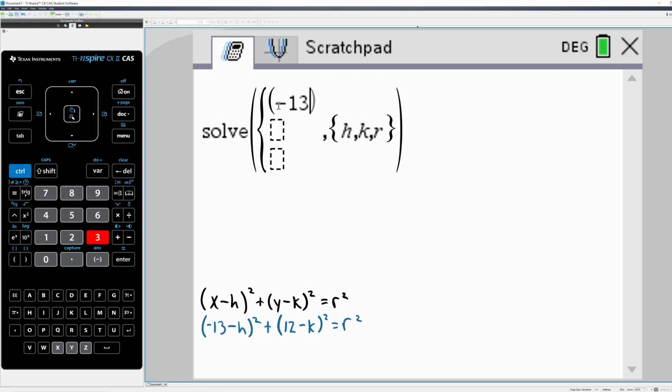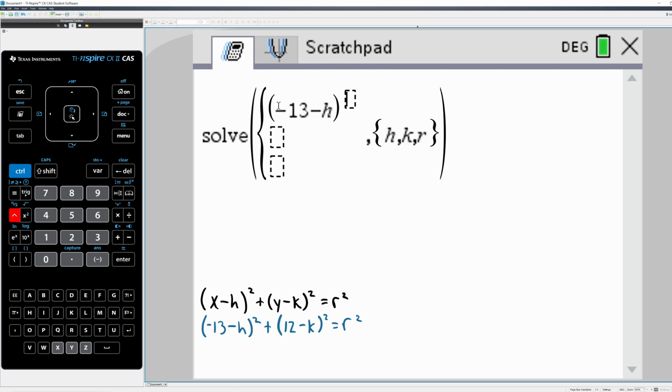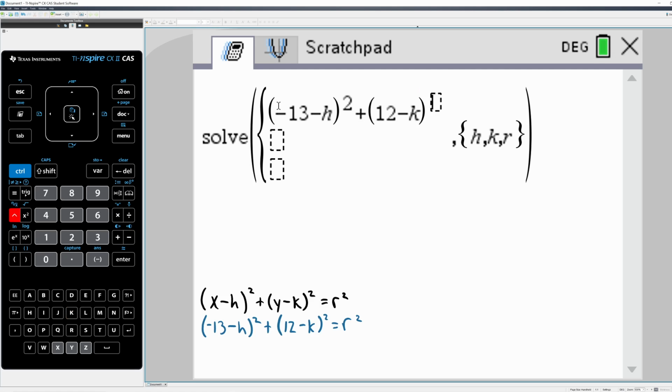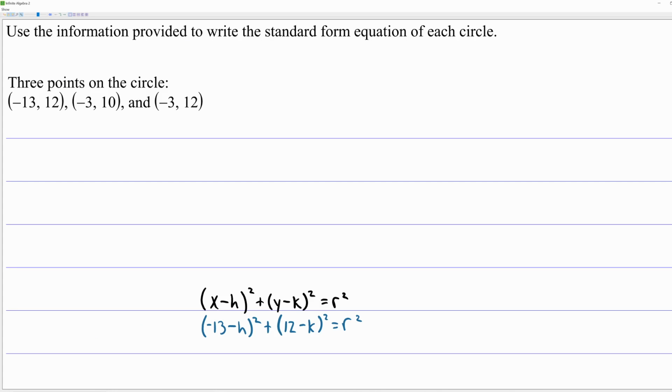We have negative 13 minus h quantity squared plus 12 minus k quantity squared equals r squared. Now, do the same thing with the other points. Now I've forgotten what they are, so I'll have to tab over. Let's see, we have negative 3, 10.